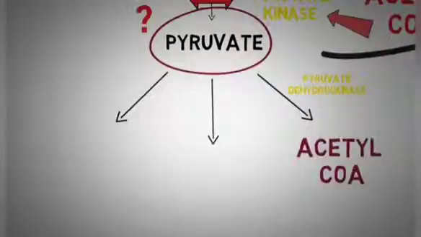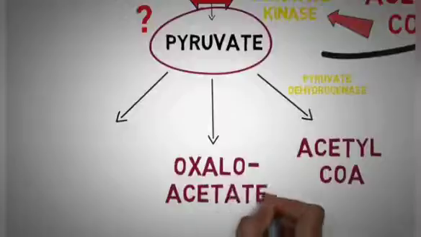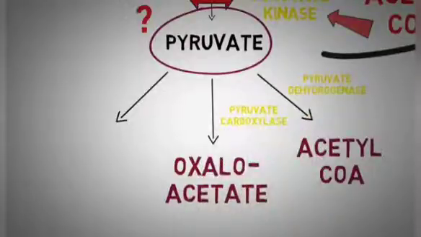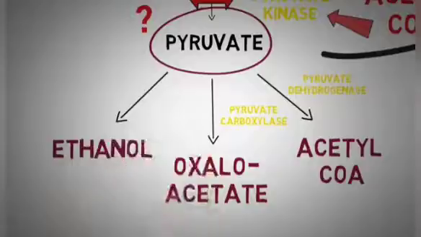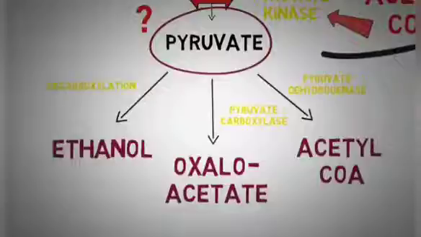Second, pyruvate can be converted into oxaloacetate by the enzyme pyruvate carboxylase. Oxaloacetate can be used in the Krebs cycle or for gluconeogenesis. Thirdly, pyruvate can also be converted into ethanol by decarboxylation, but this occurs in yeast and not in humans.